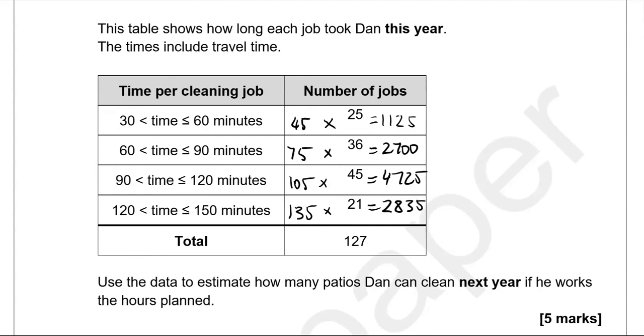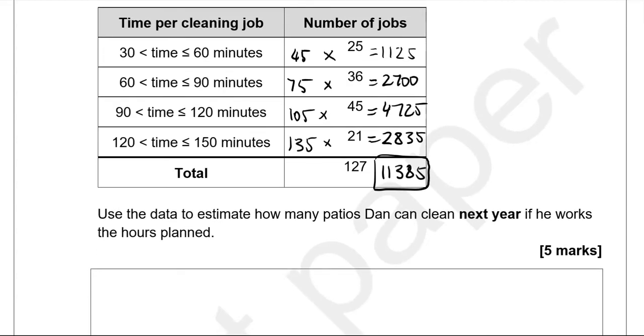And adding all of these together gives us 11,385. Now we're going to divide this by 127 jobs that were done in total. And this gives us 89.26456 and so on.